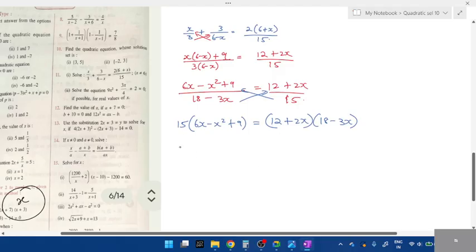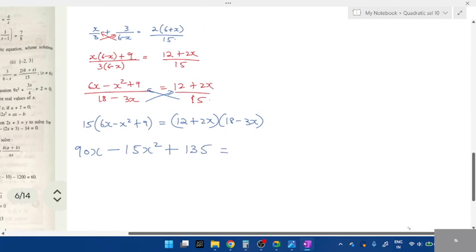So 15 into 6, 60 plus 30, 90x minus 15x square plus 15 into 9. How much is 15 into 9, students? 90 plus 45 is 135. And how many times have I taught you this method where you have gone wrong? See, you're not supposed to do it directly.